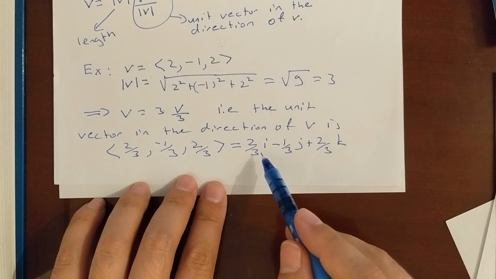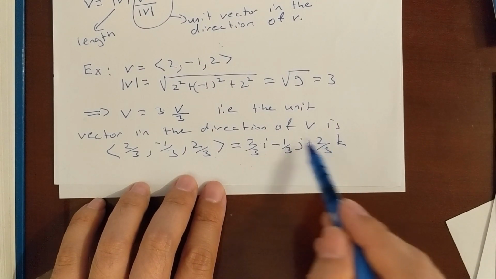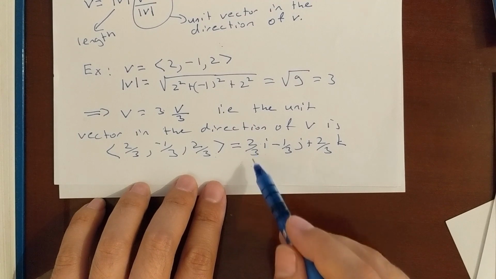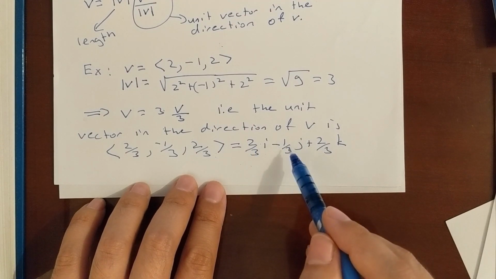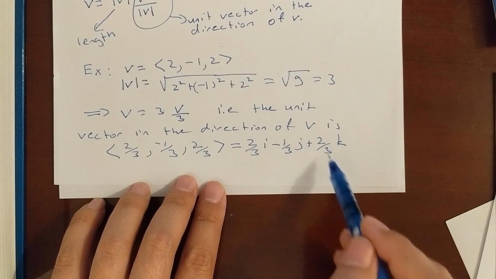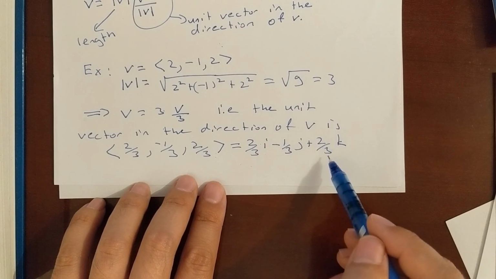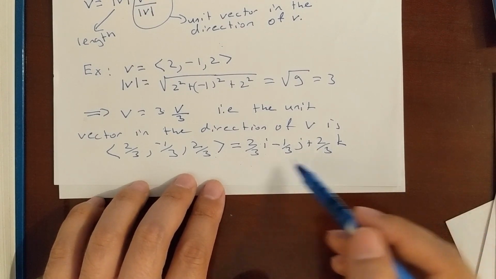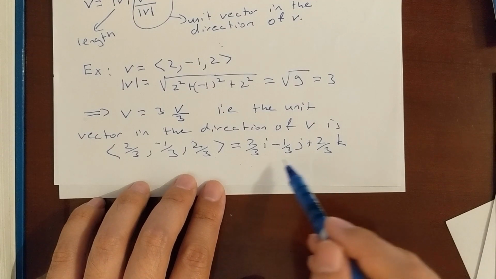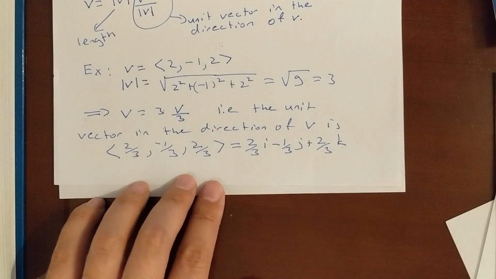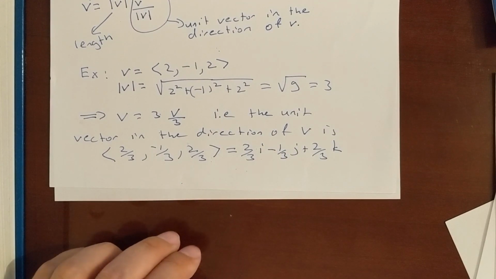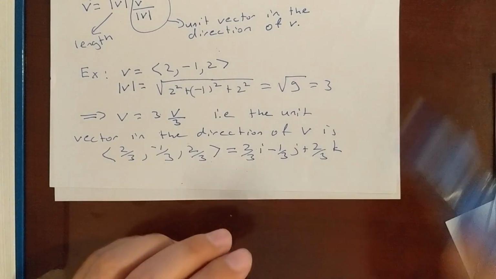If you don't believe me, as an exercise, please find the length of this vector. What's it going to be? 4/9 plus 1/9. That's going to be 5/9 plus another 4/9 when you square this. So that's 9/9. So its length is really 1. Okay, so this is a unit vector heading exactly in the same direction of this guy. Okay, so that's what we mean by direction of a vector.